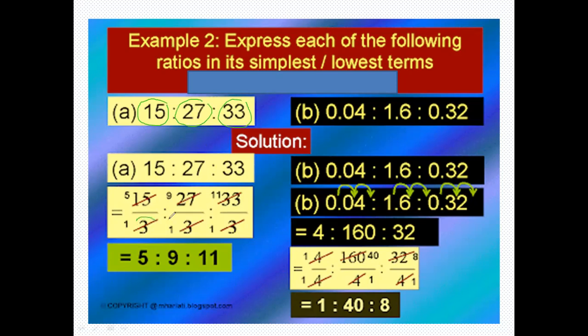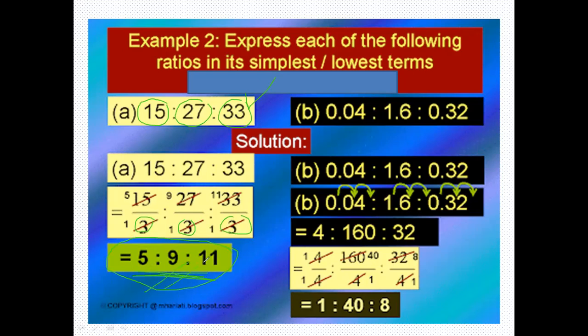So when it is reduced to lowest terms, 15/3 is 5, 27/3 is 9, and 33/3 is 11. 5:9:11 is the lowest term of these numbers, because there is no other common number that can divide them except 1. So this is now in the lowest term.